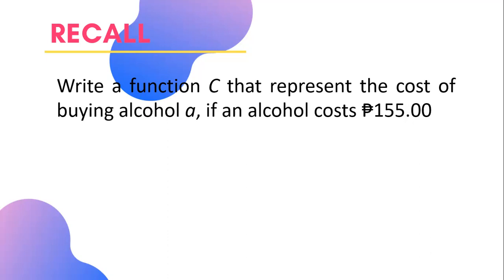To do that, you need the function C of A equals 155A, where A is the number of bottles. If you buy 5 bottles, you will have 155 times 5, which will be the total cost of buying 5 bottles of alcohol.